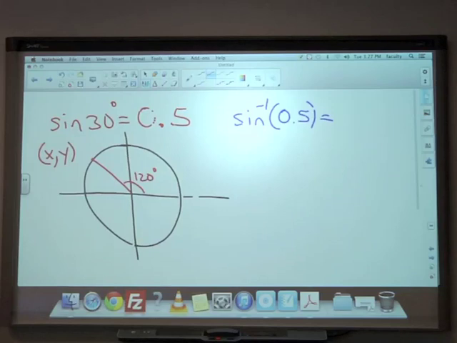That angle is 120 degrees. I want to know what are the coordinates of that point on my circle.